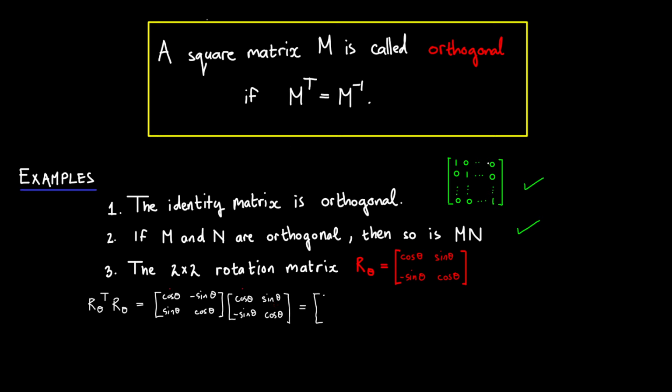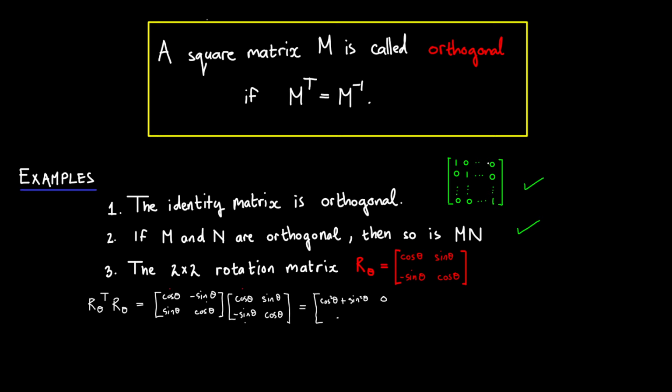I'm going to get cos squared theta. And I'm going to add that to negative sine theta times negative sine theta. And so I get sine squared theta. Very nice. And then in the second component here, what will I get? Well, I'll get cos theta times sine theta plus negative sine theta times cos theta. And I'm sure you can see that that's equal to 0.